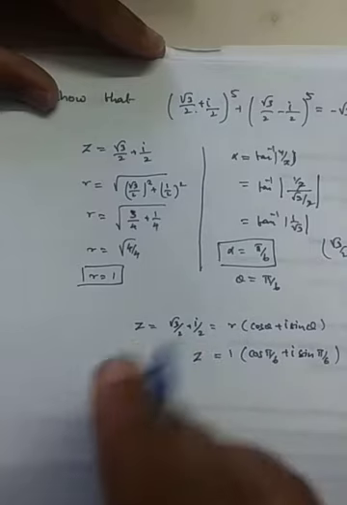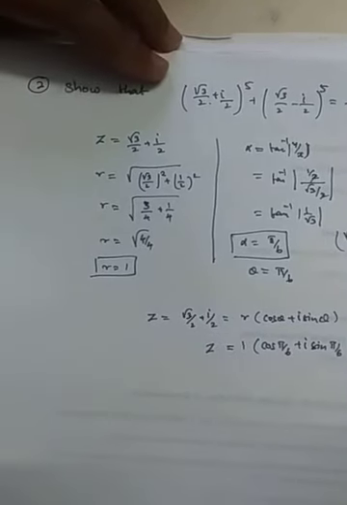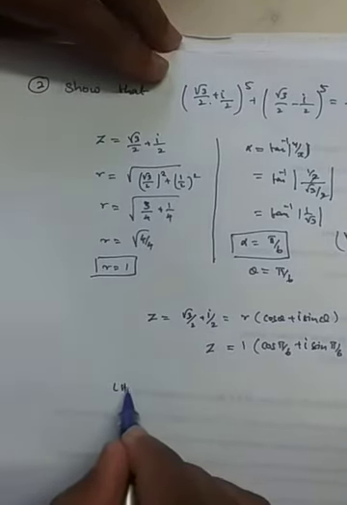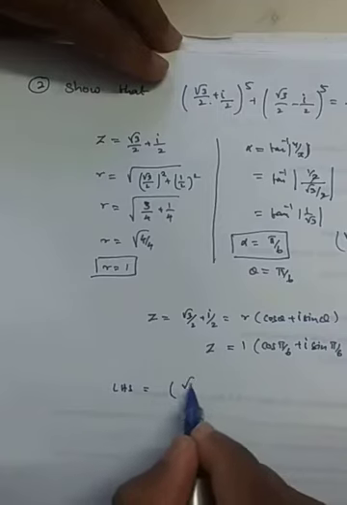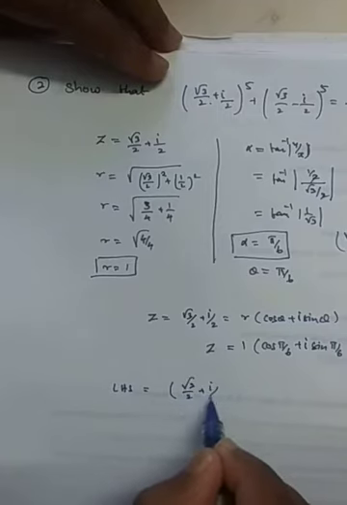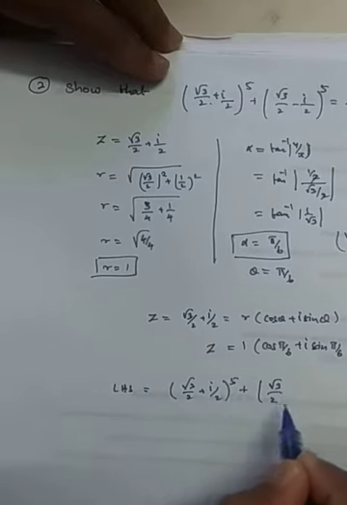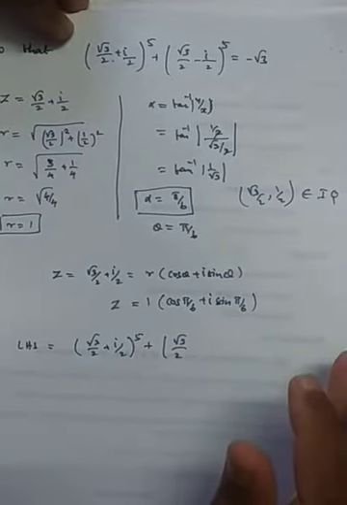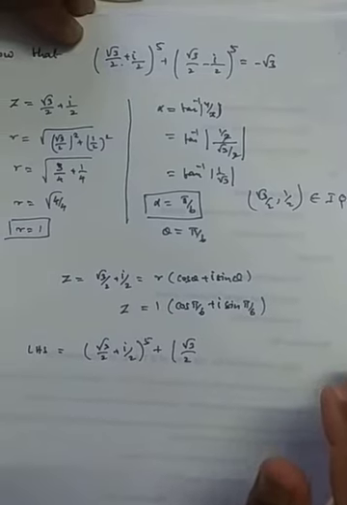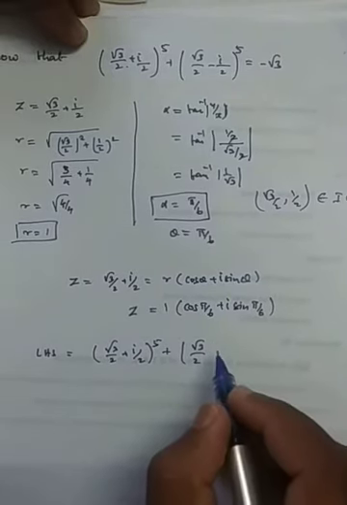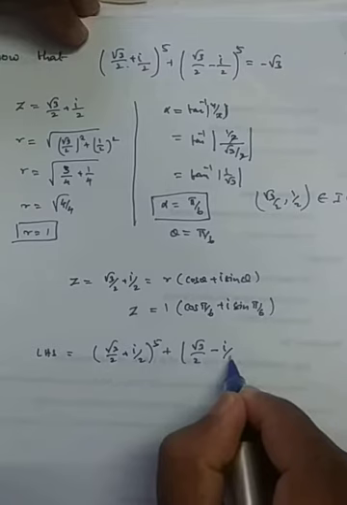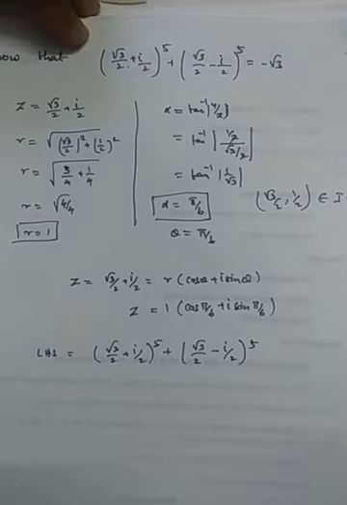Okay, so now LHS we will take. LHS is root 3 by 2 plus i by 2 the whole power 5 plus root 3 by 2 minus i by 2 the whole power 5.